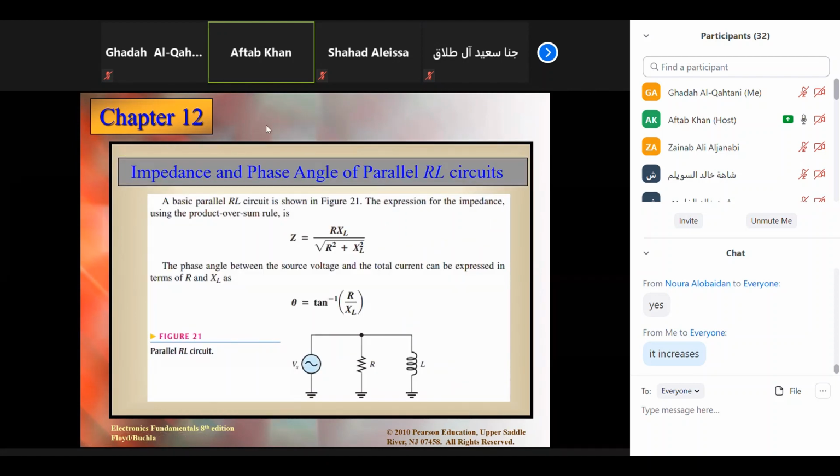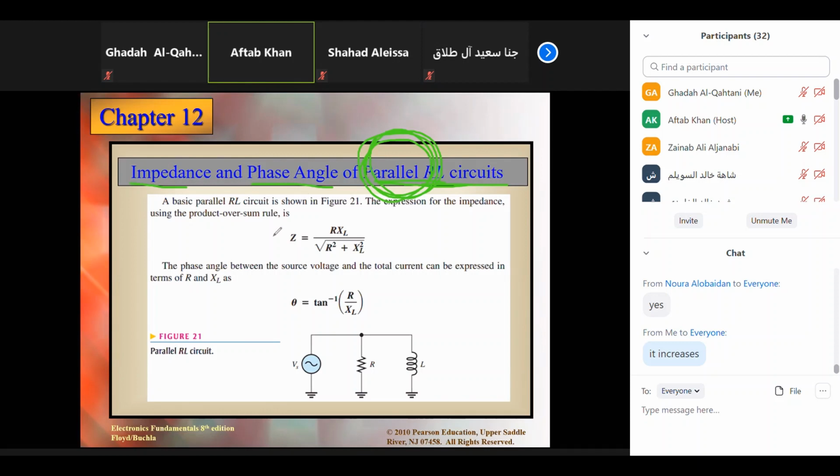Okay, girls, impedance and phase angle of a parallel RL circuit. Previously that was for series. Now we are discussing parallel. You remember that in parallel circuits, we calculate the total resistance by product over sum.